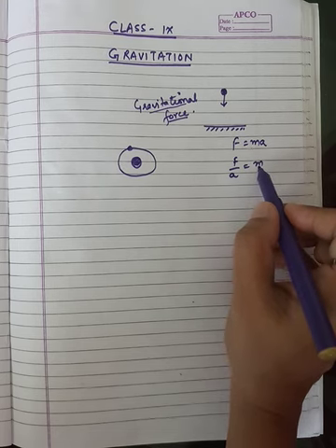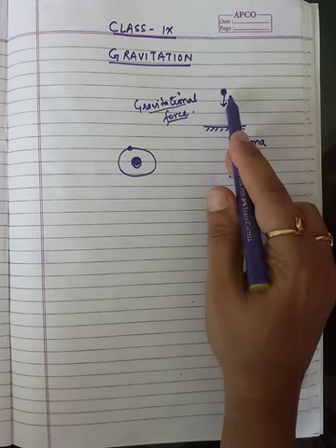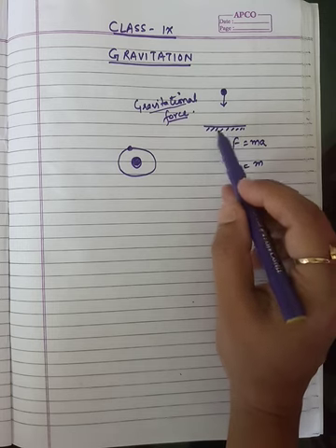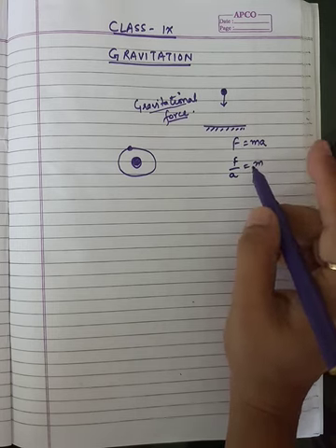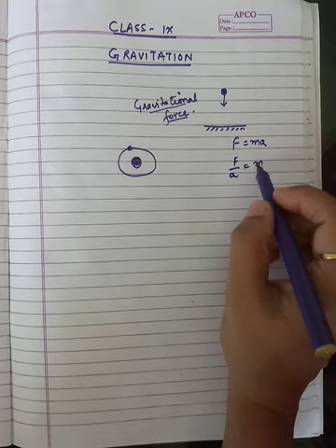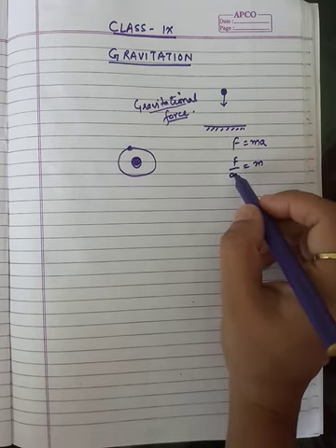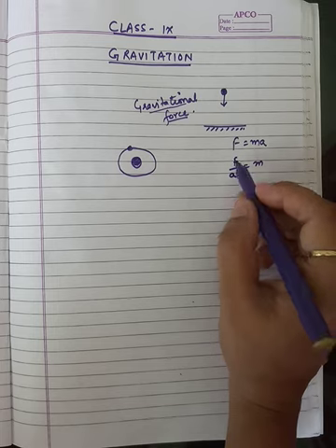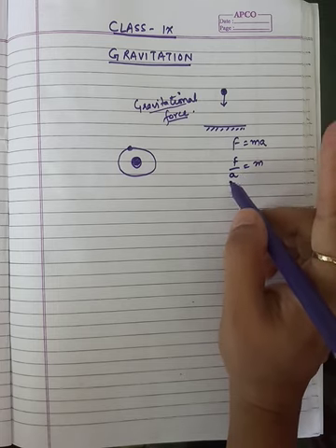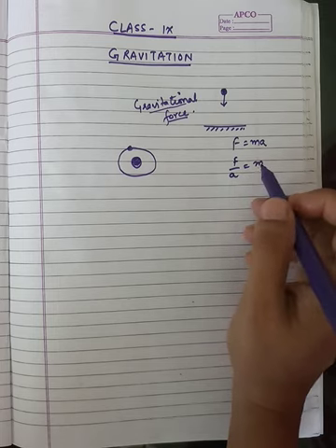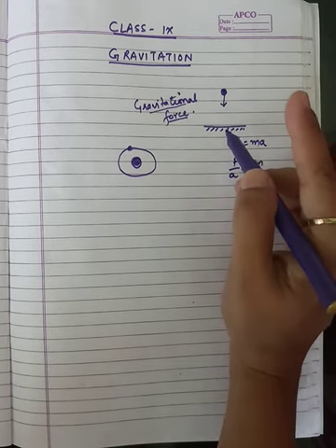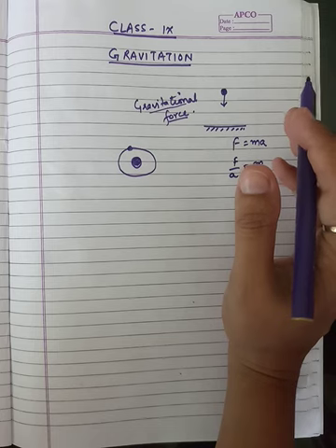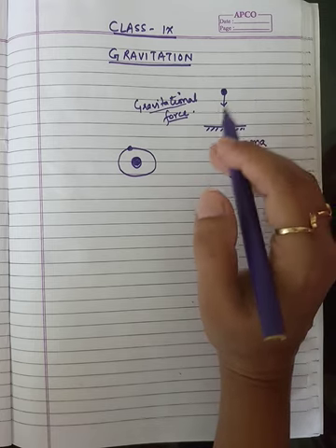So for the ball, the acceleration produced is large, and for the earth, the mass is very, very large, many thousand kgs. So the acceleration produced in that case will be very, very small, because the force is the same. Because these two are inversely proportional, the acceleration produced in the earth is negligible, that is, it can't be noticed.